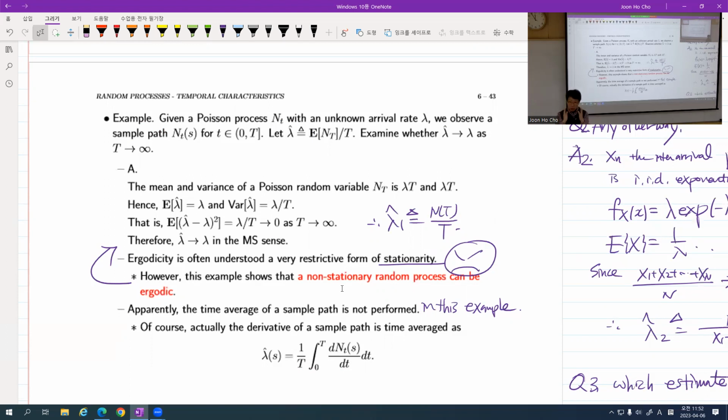Even in 1 or 2 seconds, if that stock is very popular, sometimes more than 100 orders are given, right? But anyway, you may assume that for 1 minute, this arrival process can be well modeled by a Poisson process. But you don't know the rate, right? You want to estimate that rate, and then you want to do something.